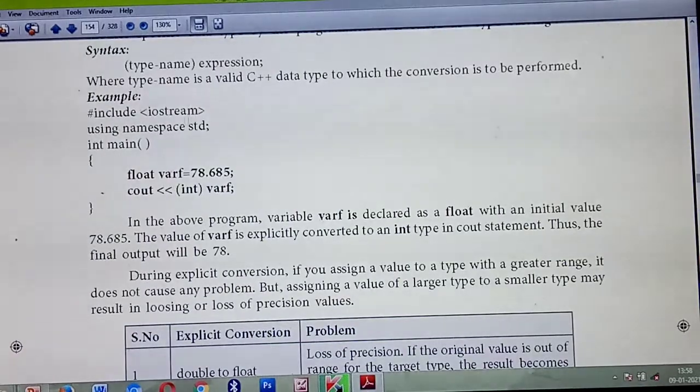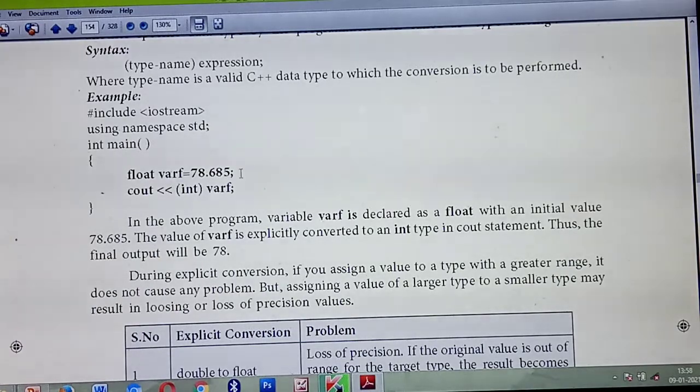See this example. What's the first line? #include <iostream>. Next is using namespace std. Then main, and listen here: float variable f equal to 78.685. The programmer is going to convert this float data type into some other data type. The float is declared with the variable f.